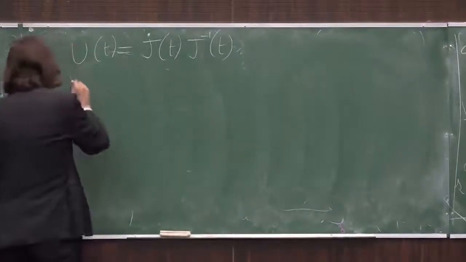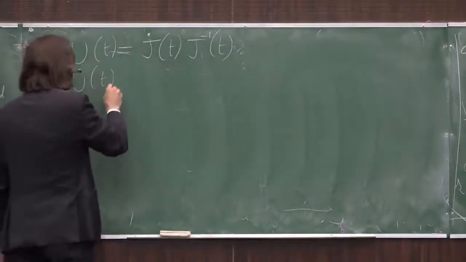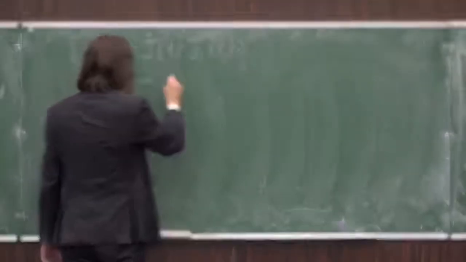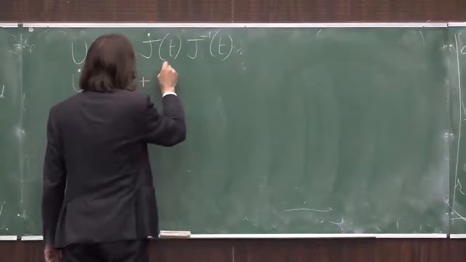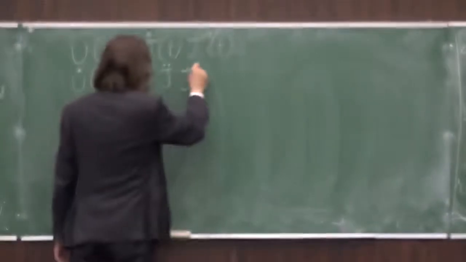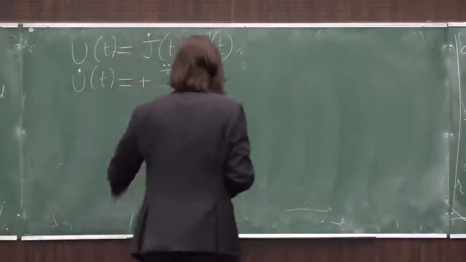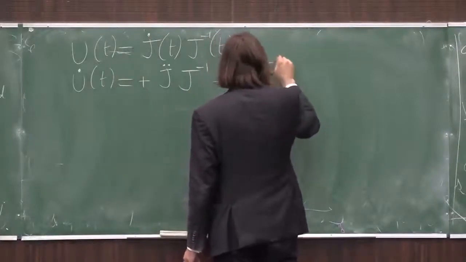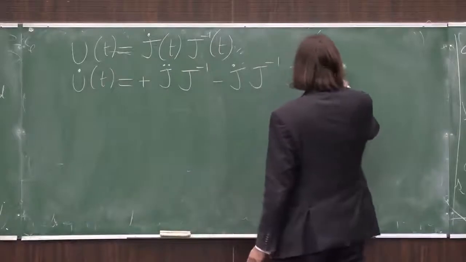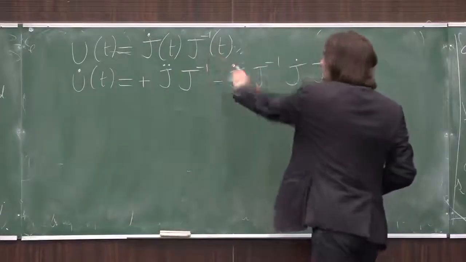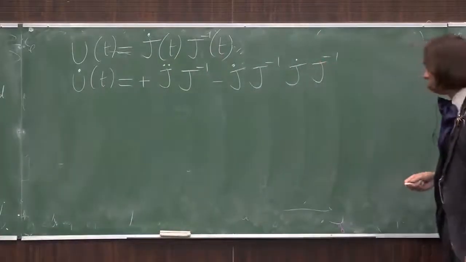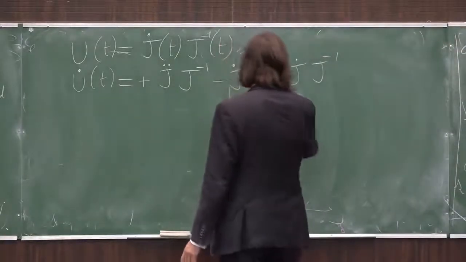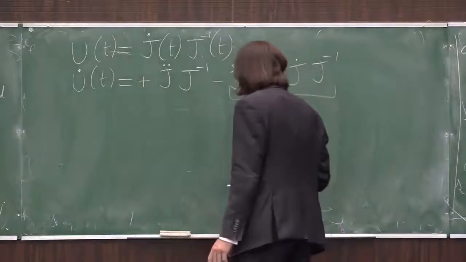Then you see that U dot of t is equal to minus J double dot J minus 1 plus J dot J minus 1 J dot J minus 1, by differentiating J minus 1. And this is the same as U square.